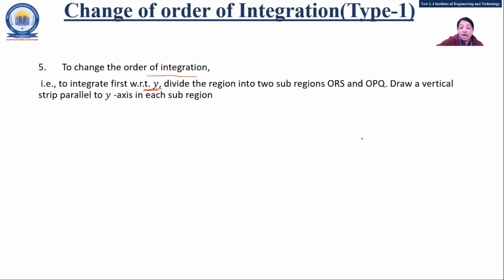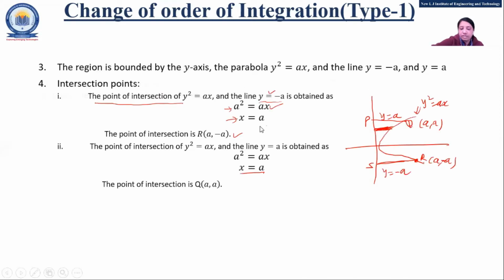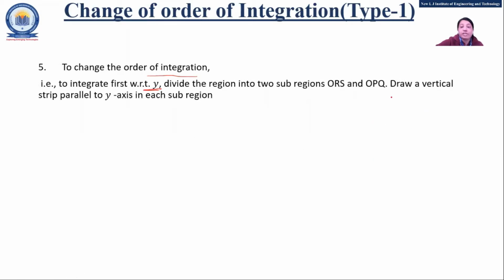So for that, how are we going to do it? See, we are having two regions. You can see that this is our origin. So one is OPQ, another is ORS. Two regions you are having, so two different strips you need to draw. So this is my parabola.